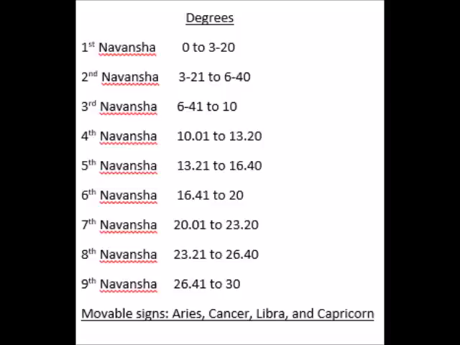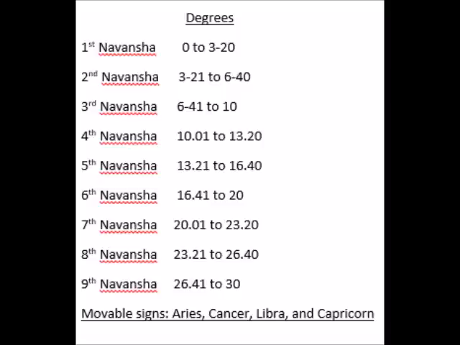So the fourth Navansha will be the degrees 10 degrees and 1 minute to 13 degrees and 20 minutes. And what I just told you, in this example, Ketu is placed in the ascendant, and the ascendant is an Aquarius ascendant at 10 degrees and 25 minutes.